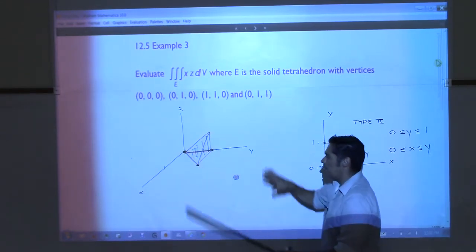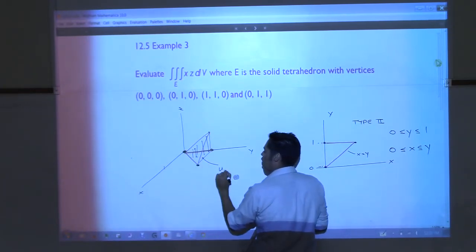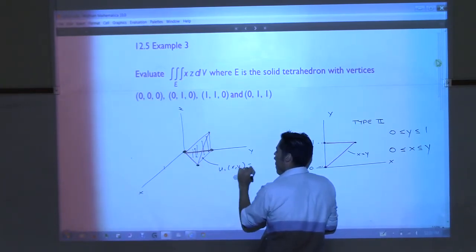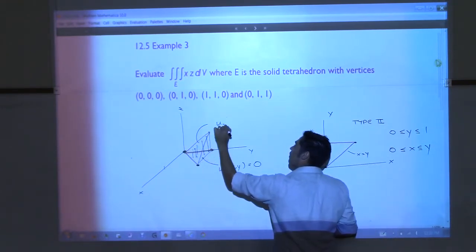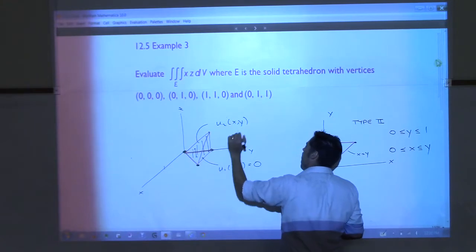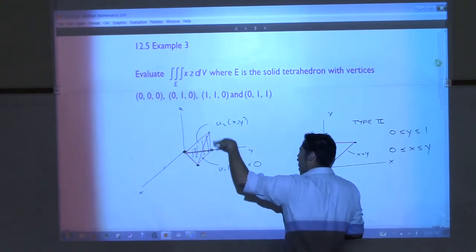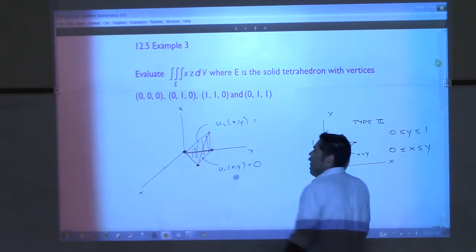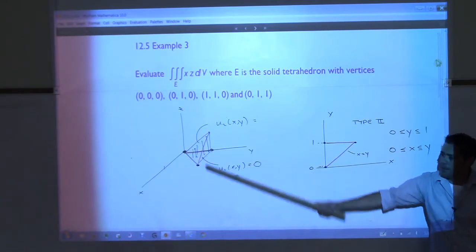So let's talk about the bottom. What about the bottom of z? How about this bottom piece here? u1 of xy is what? 0. It's just flat on the bottom. The u2 of xy, the u2 that dictates the z upper limit, is actually that plane, isn't it? It's the plane right there.